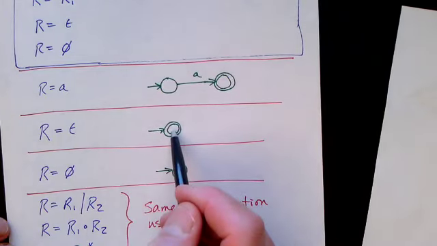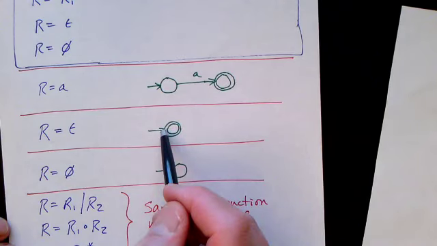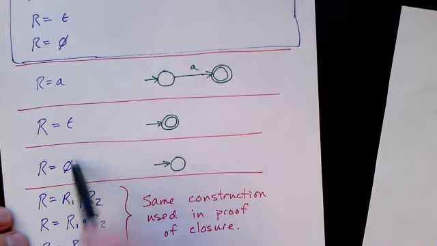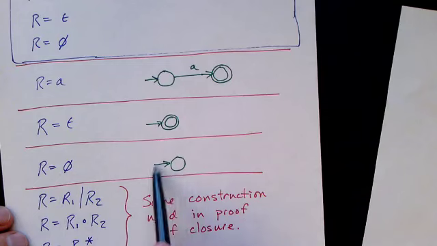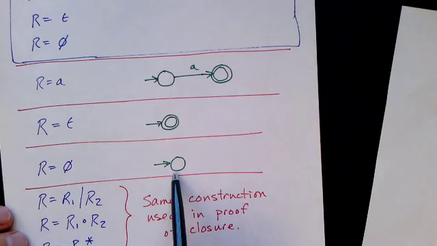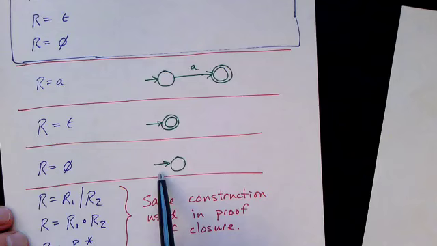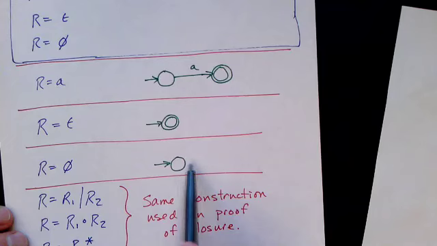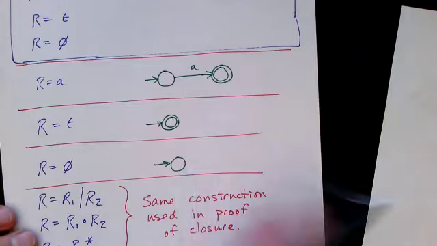It consists of a starting state, which is also a final state, and no transitions. This accepts the empty string. If the regular expression is the empty set, then we build a finite state machine that has no final states. It has a starting state, but no final states and no transitions. So this machine accepts no strings.